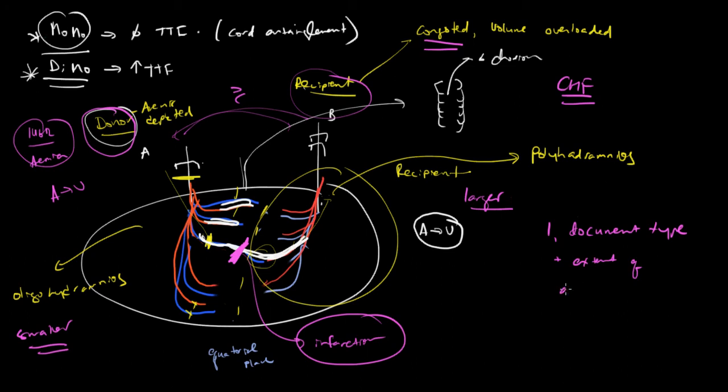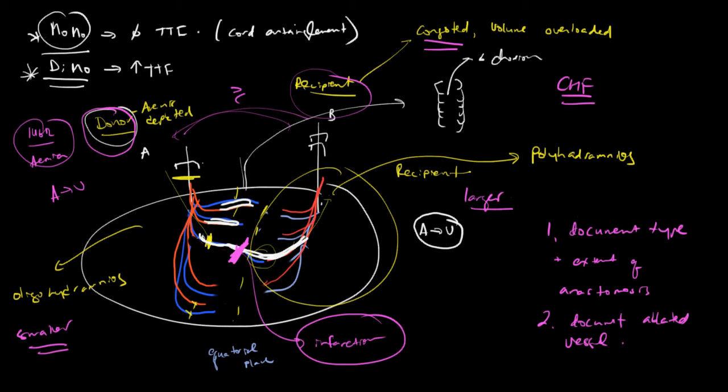So whether it's artery to artery or vein to vein or artery to vein, and estimate the caliber of the offending vessel. And if there's ablation, you would document the ablated vessel and whether there's an infarct or a scar on the underlying parenchyma.